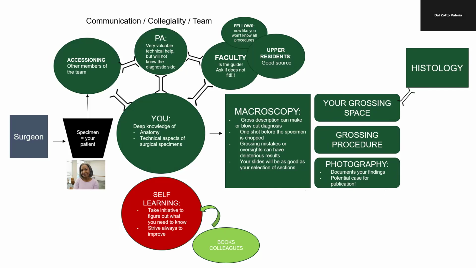If you don't know what to do or what you are working with, besides asking questions, you also can document your findings with a photograph. And also make sure that you photograph weird specimens or specimens that call your attention, because those cases can be potential cases for publication.